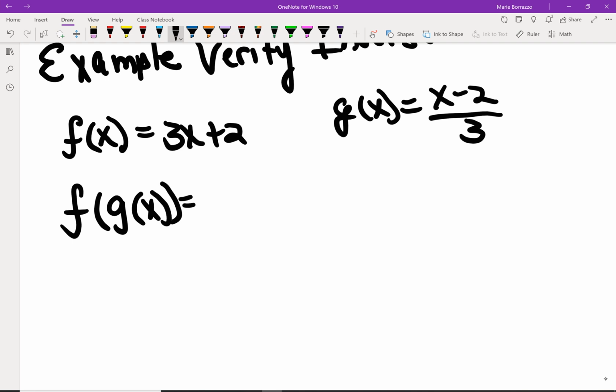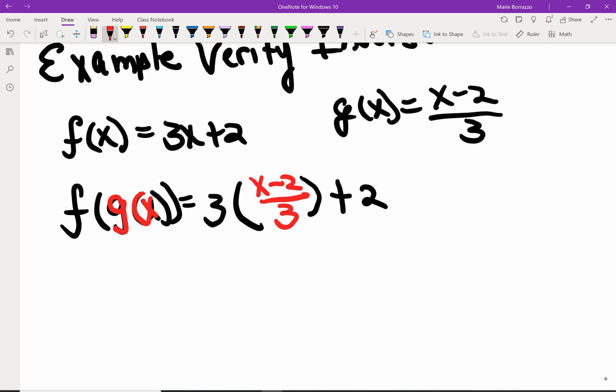And in this case, let me just color code this for you momentarily. We're focusing on f of g of x. f of g of x is equal to 3 times, and let me write this the way I'm actually going to work it out, 3x plus 2, noticing that I leave the gap open for the x, because the x is now going to be (x minus 2) over 3.